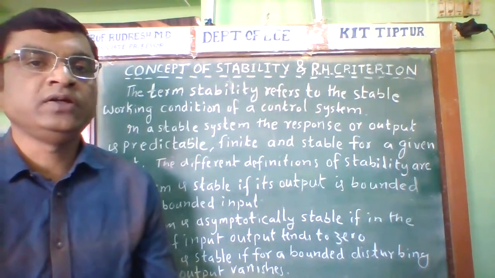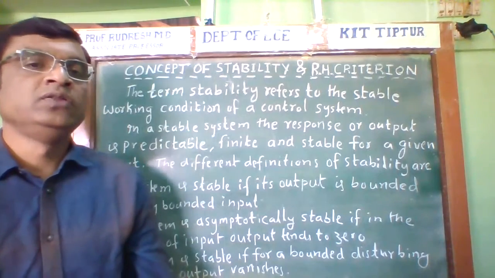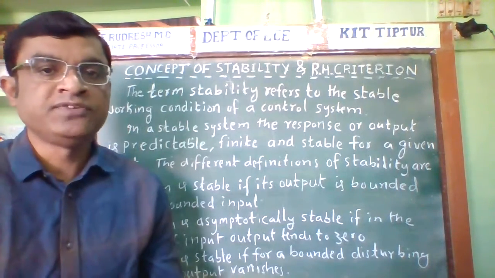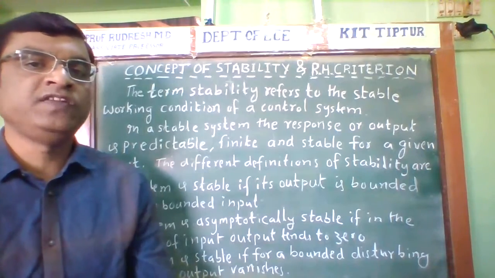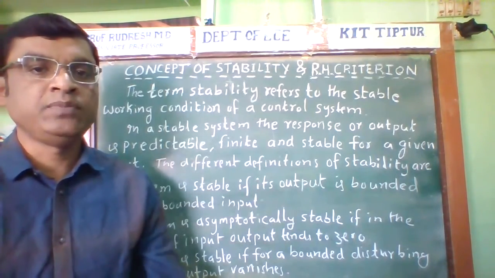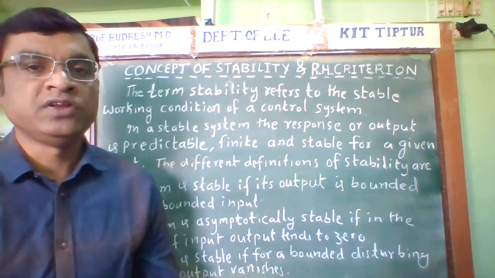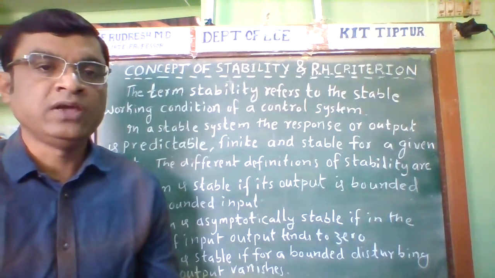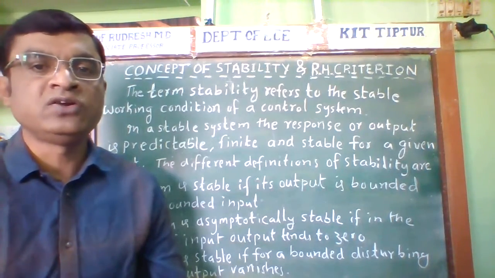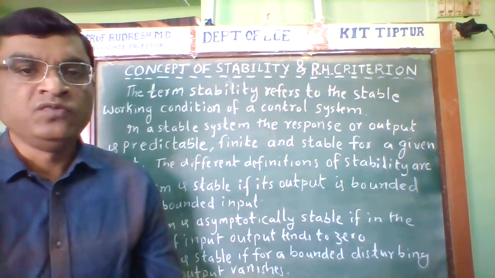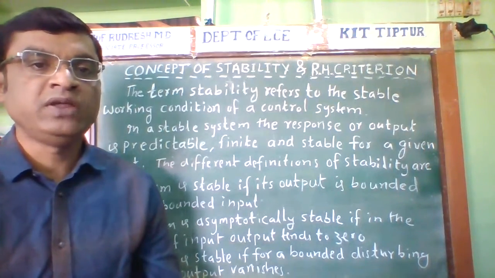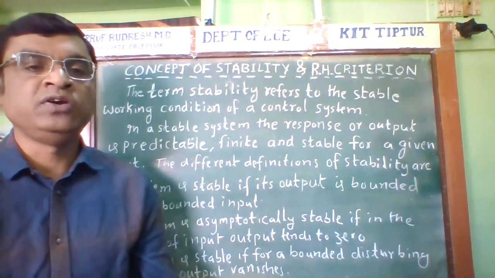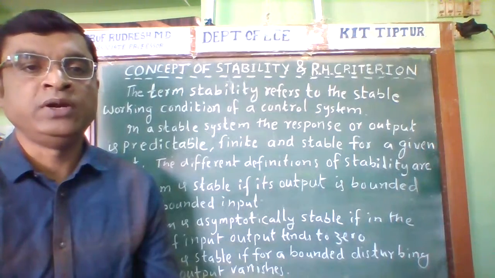Before that, I'm going to discuss what is meant by the term stability. The term stability refers to the stable working condition of the control system. Once the control system is designed, we need to verify its stability. That is also very important. Why should we maintain stability?